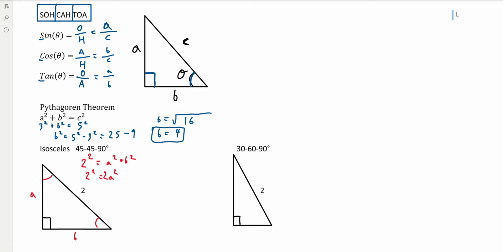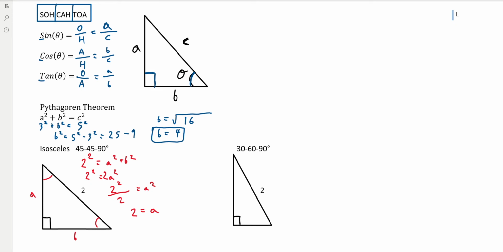All right, so now we notice that we can move the 2 over to the other side. So 2 squared over 2 equals A squared, and we can simplify that to just 2. And if we move the square root over, it's root 2.